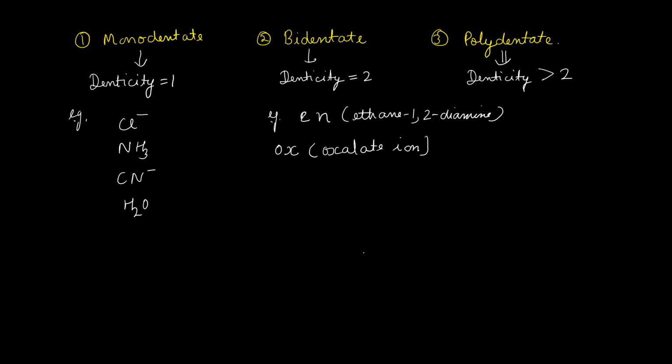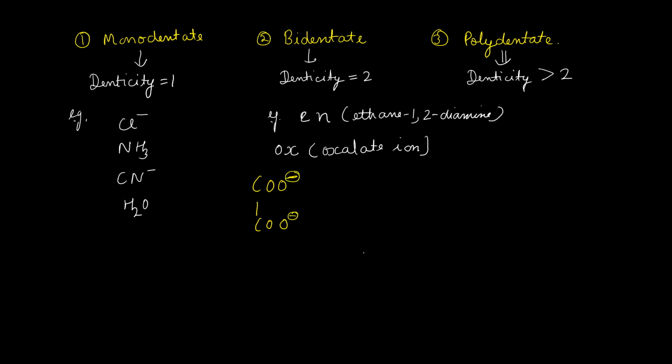All of you know very well, oxalate ion is formed by oxalic acid, and oxalic acid is COOH and COOH. Now, when this hydrogen is removed from it, like this, then due to the removal of hydrogen ion, it will acquire -1 charge over it, like this.